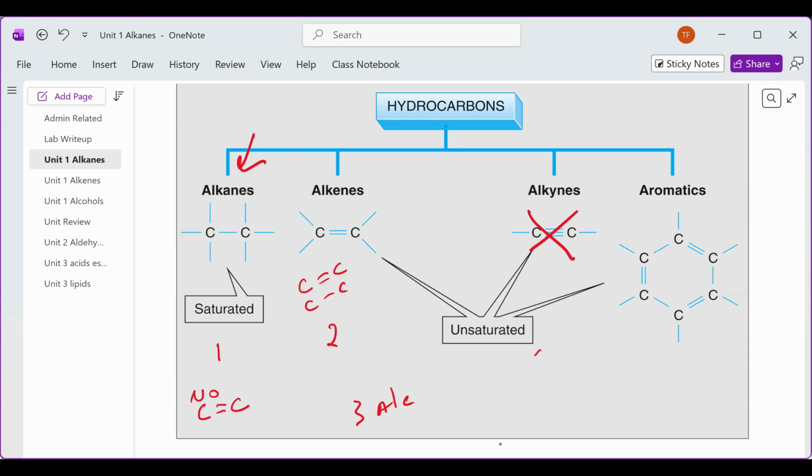Alkynes have triple, double, and single. And then something called aromatics, which has a combination of single and double, but they're alternating. Single, double, single, double, single, double. And I'll cover the alkenes and aromatics on Wednesday.